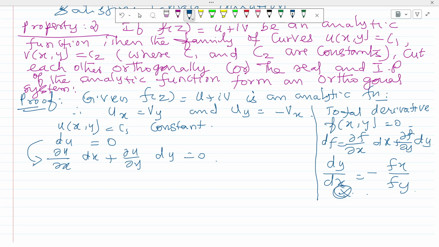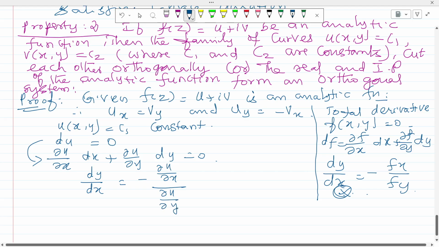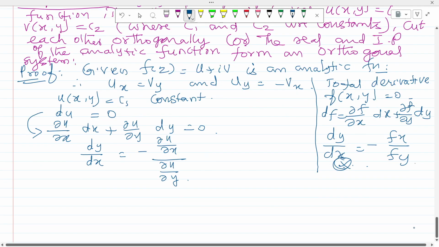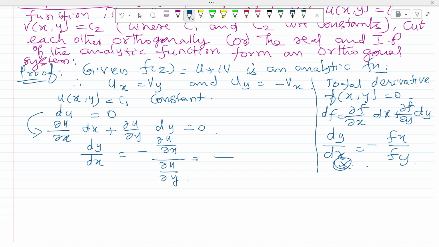When du equal to 0, dou u by dou x dx plus dou u by dou y dy equal to 0, then dy by dx is minus dou u by dou x divided by dou u by dou y. Is it not? Okay, fine. Take this as m1, the slope of the first equation.